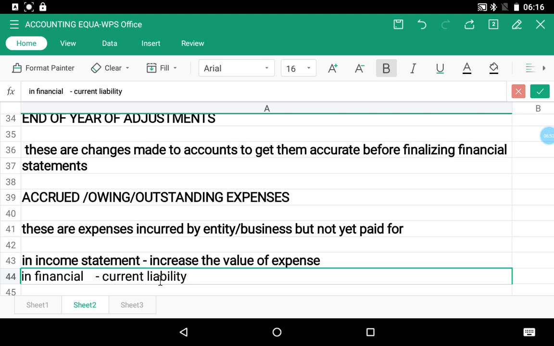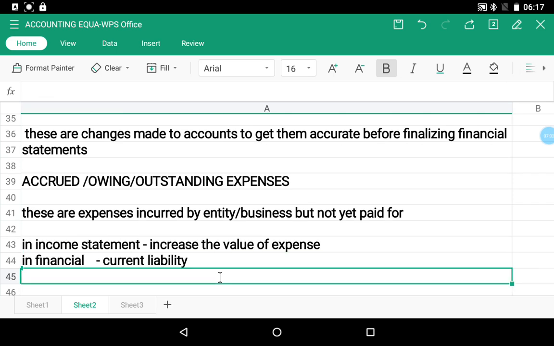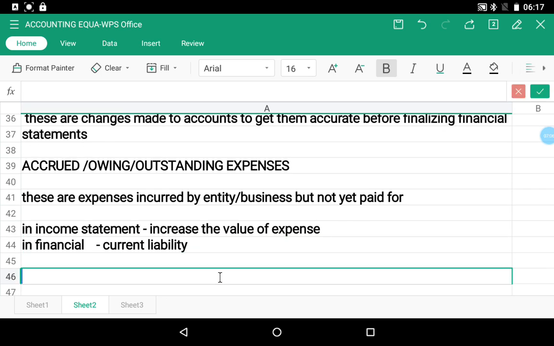Now we are going to try some examples and see how these accrued expenses are applied. Let us take one example. We are going to see how they treat the accrued, owing, or outstanding.